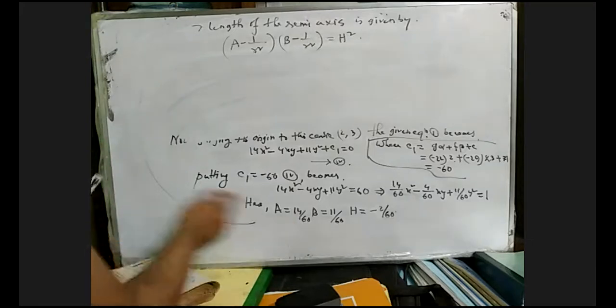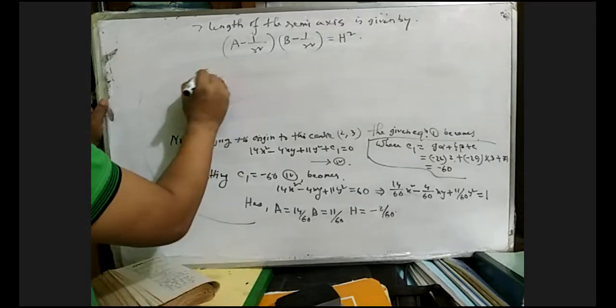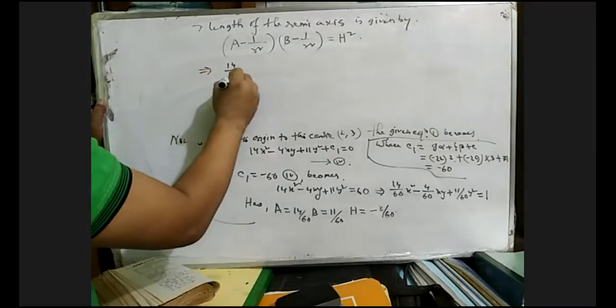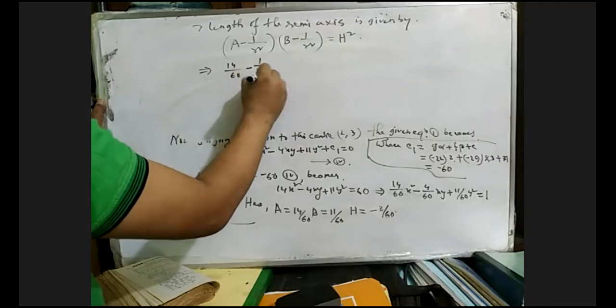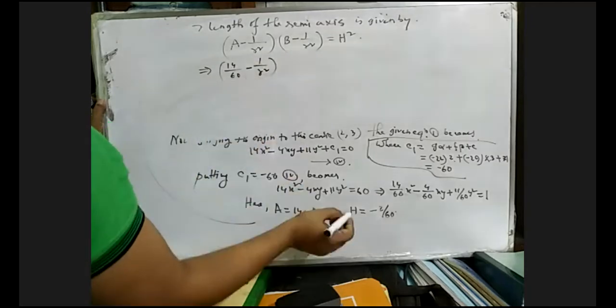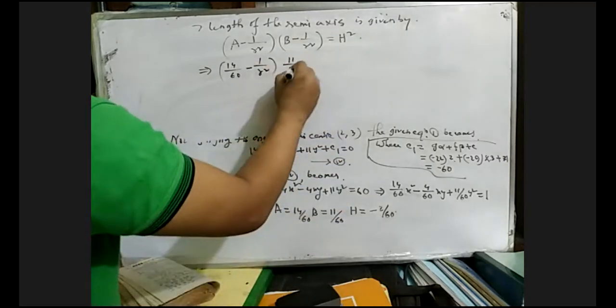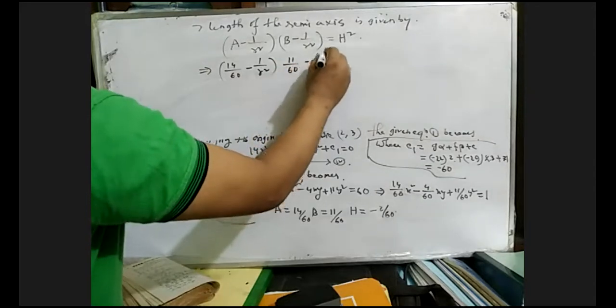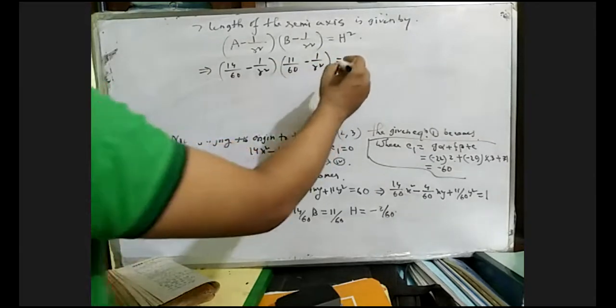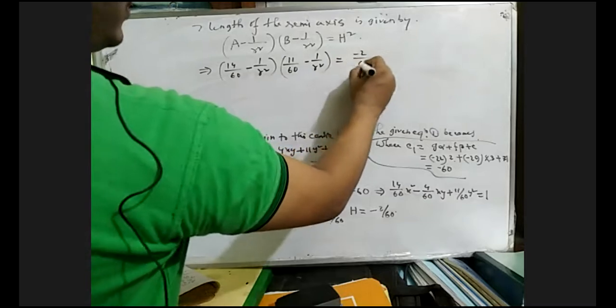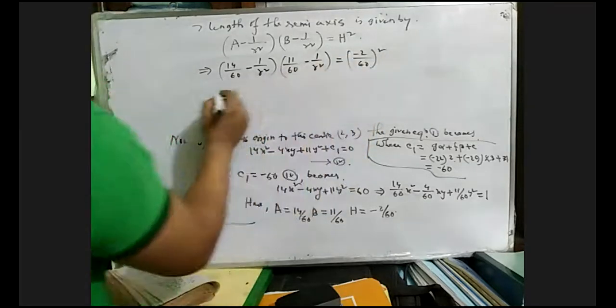So just putting these values here: 14 by 60 minus 1 by r square, and b equals 11 by 60 minus 1 by r square, equals minus 2 by 60 whole square.